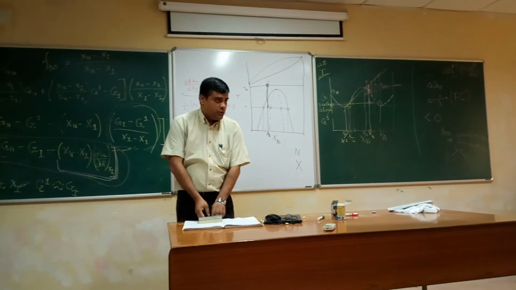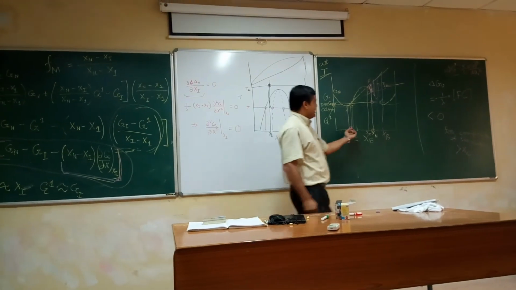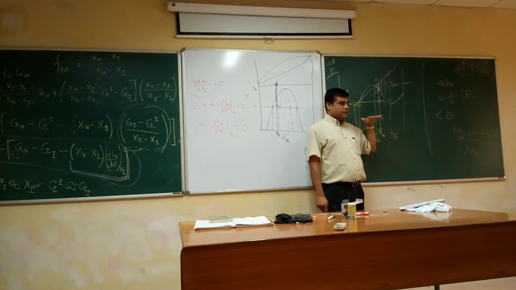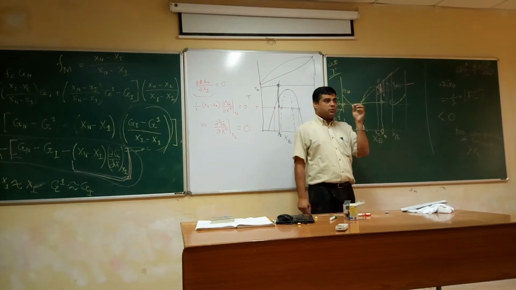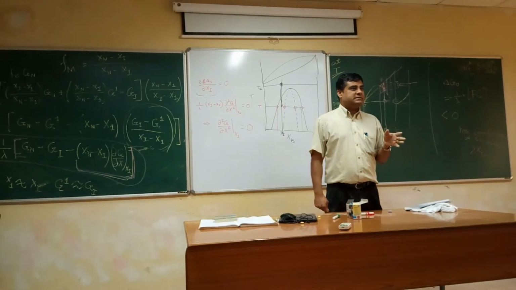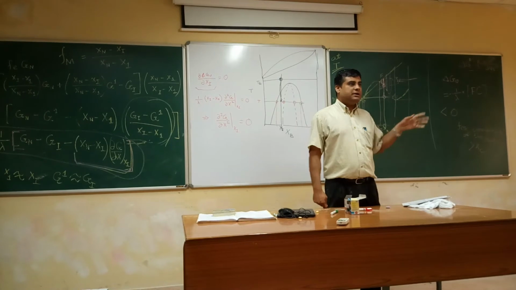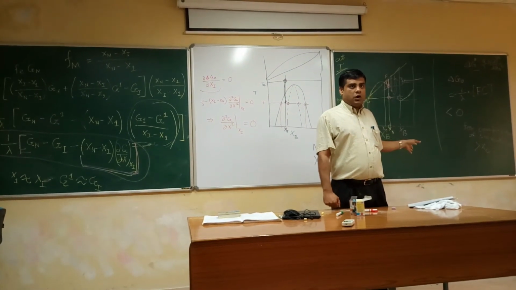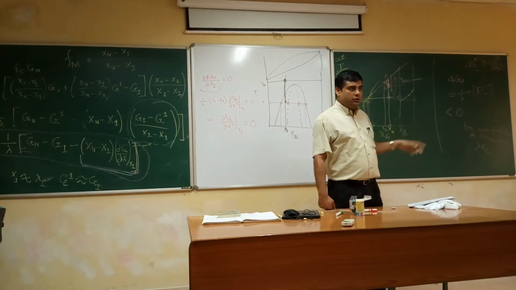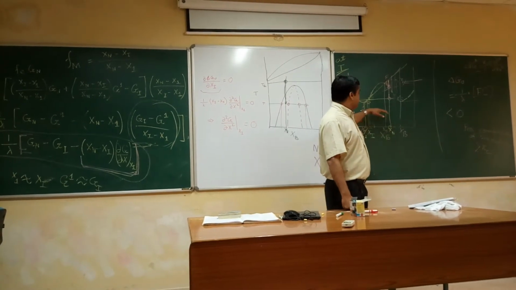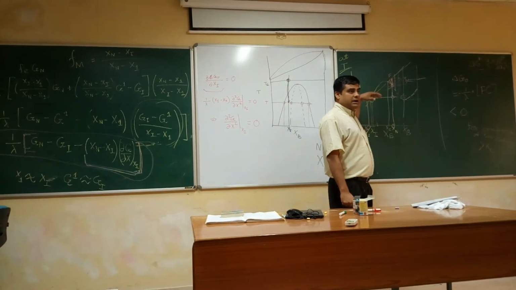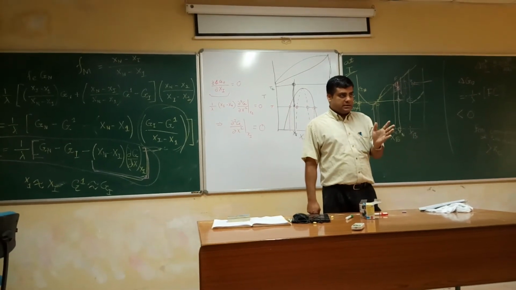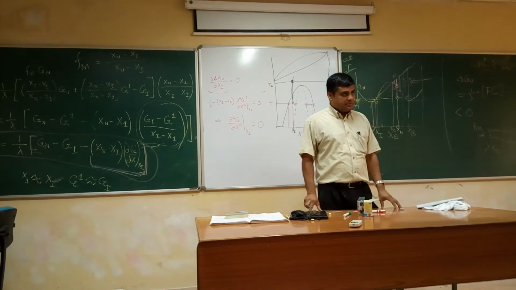So what you can do is take several alloy compositions, hold them at a particular temperature, and find out for what alloy composition your nucleation rate is maximum. That will be your spinodal point composition. Or you can take one alloy and check the nucleation rate at various temperatures. Whatever temperature it is, it will correspond to the spinodal point for that composition, where the nucleation rate will be maximum.